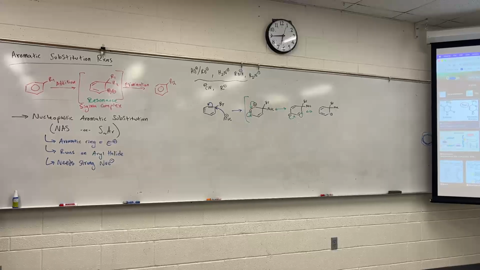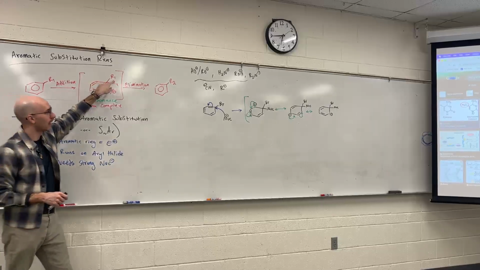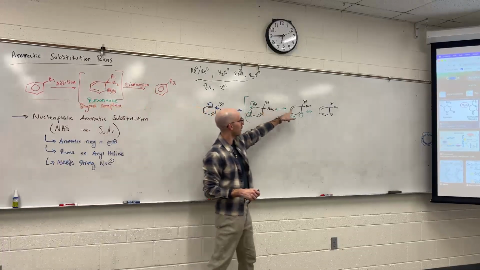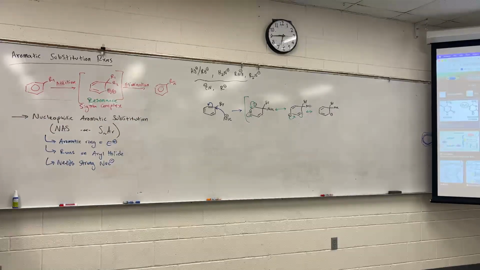It's not fully conjugated. This position of my sigma complex is not fully conjugated. It's sp3 hybridized. Good or bad? Okay, that's anthropomorphizing. We're telling it how we feel about it. Bad. From an energetic standpoint, it's bad. I've lost my aromatic stability.